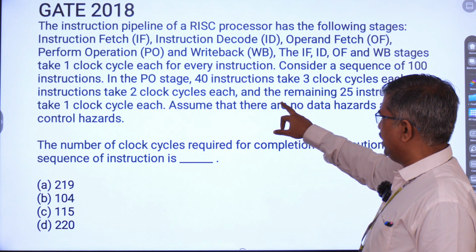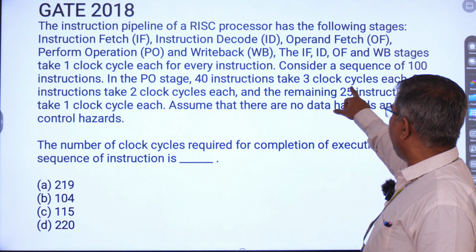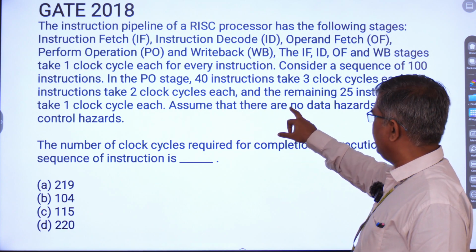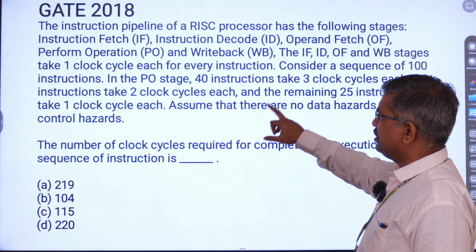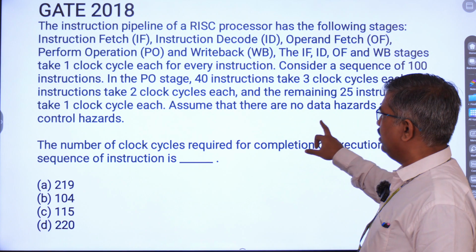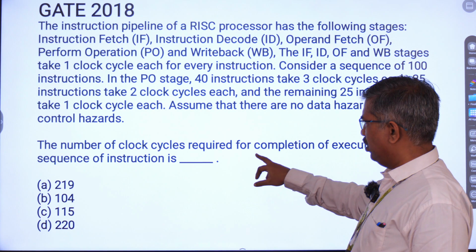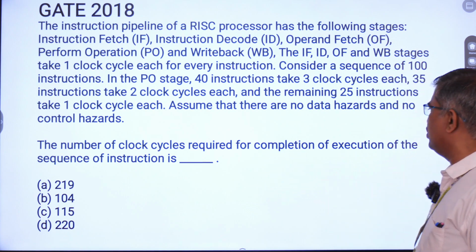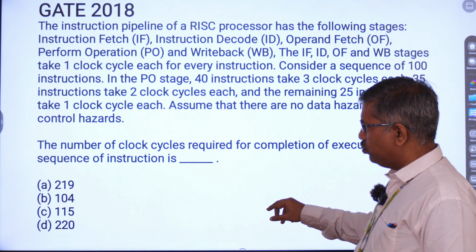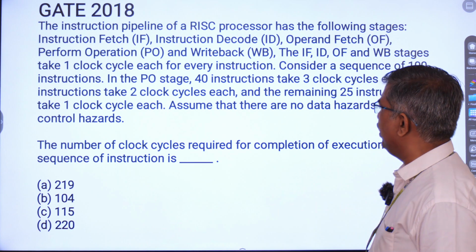In the PO stage, 40 instructions take 3 clock cycles each, 35 instructions take 2 clock cycles each, and the remaining 25 instructions take 1 clock cycle each. Assume that there are no data hazards and control hazards. The number of clock cycles required for completion of execution of the sequence of instructions is, with the 4 options given: 219, 104, 115, 220.